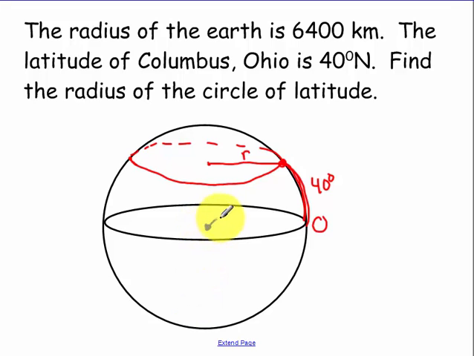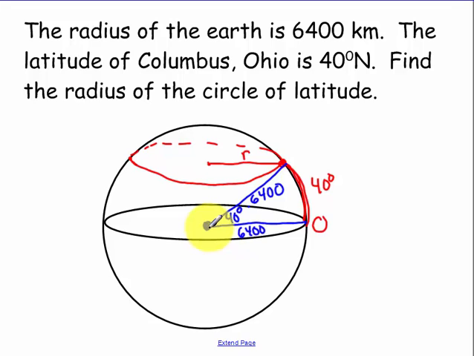From the center of our Earth to any point on our Earth is 6,400 kilometers. Now, if I drew from the center of the Earth over to 0 degrees, that's also 6,400, but tells me that this angle, because our arc equals the central angle, is 40 degrees.